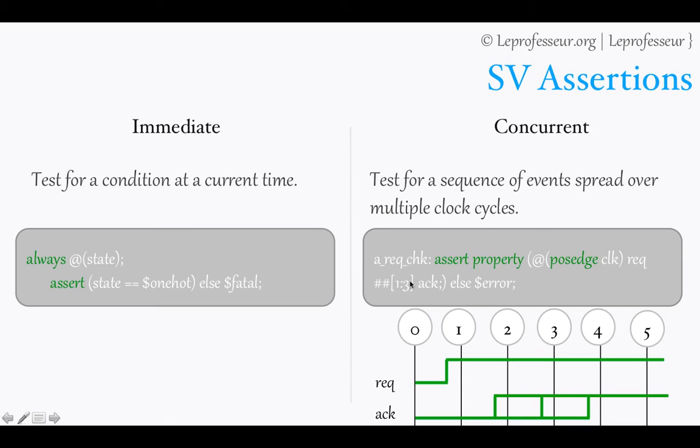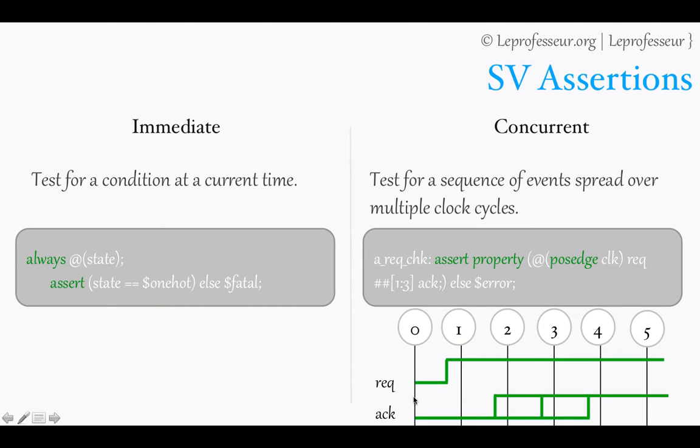After these many clock periods of delay, acknowledgement goes high, or acknowledgement follows the request. If this property doesn't hold, then an error message will be displayed. So how simple is that?